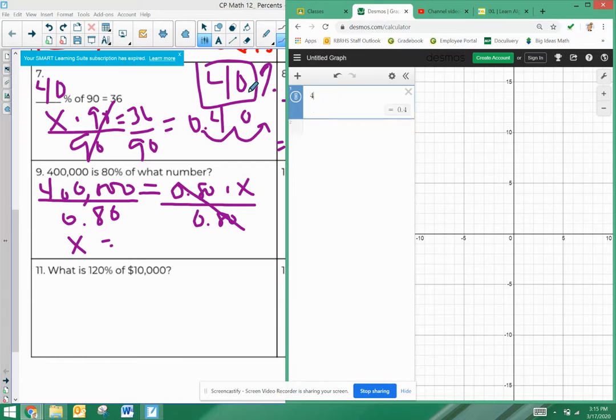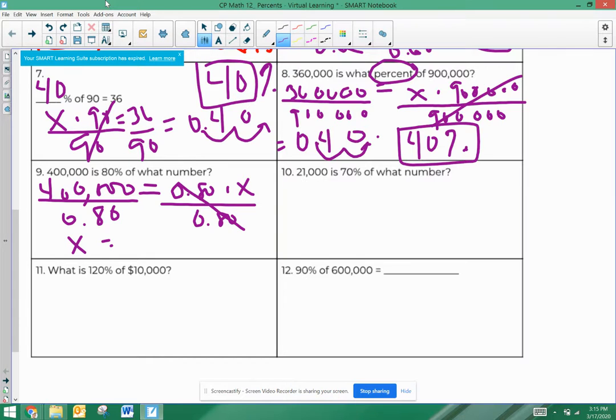Let's see. 400,000 divided by 0.80. That looks like 5 million because I put the numbers in the wrong order. 500,000. Nice. Way to go. 500,000.